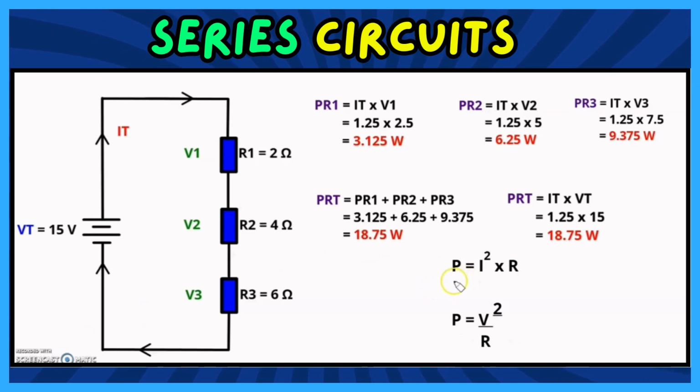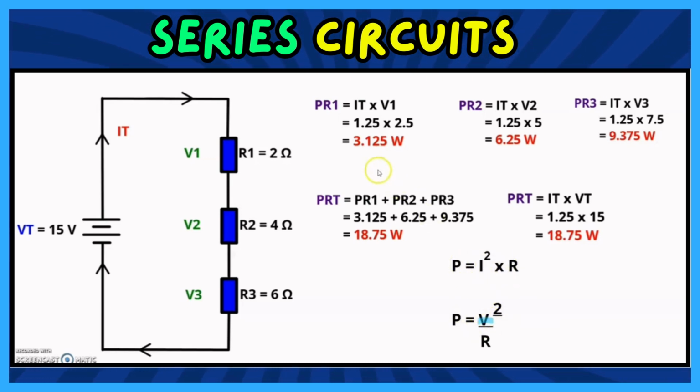Now guys, what I didn't show you is that we actually have three power formulas. That is the first one that I've used, then we have a second one, and we also have a third one. Provided that you have all of the variables in the sense of the current, the resistance, and the voltage, you can use any one of these power formulas.